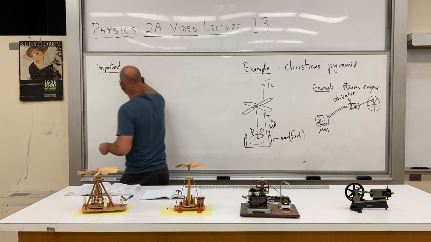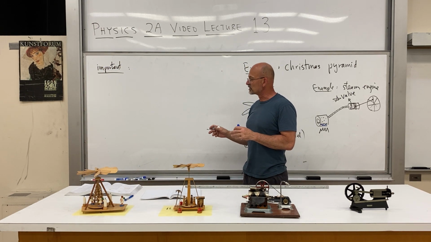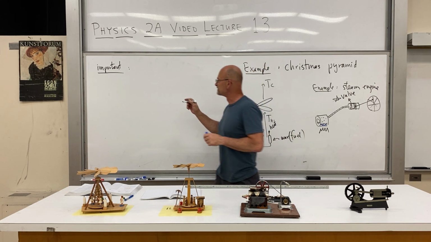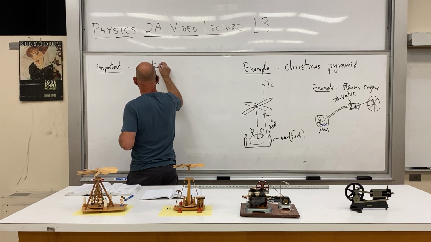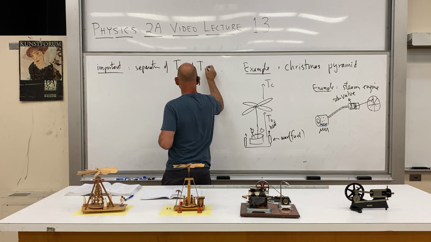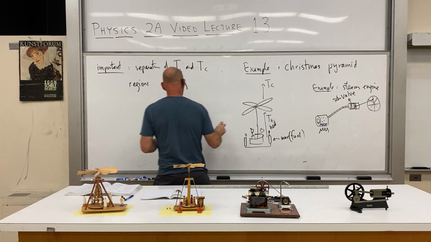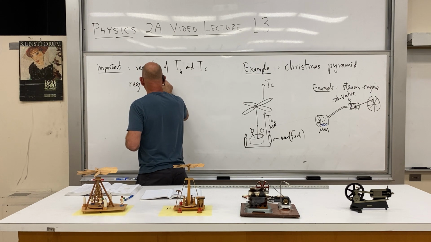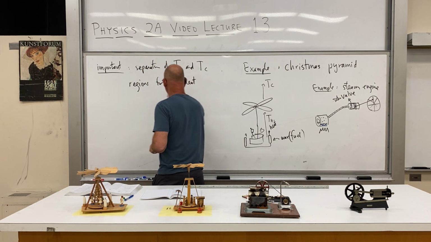For a heat engine to function, you have to have higher and lower temperature regimes very well separated. Separation of TH and TC regions. So we have that for both heat engines.